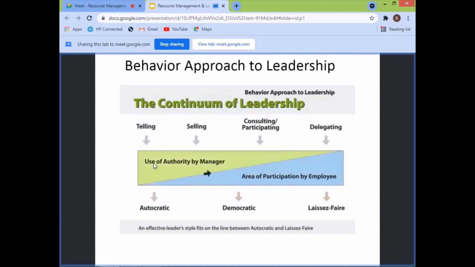So the use of authority becomes a little bit lesser, and the area of participation moves to become bigger, moving to democratic, moving from telling to selling, then becoming participating. Now it becomes really democratic. The employee will participate. The employee will say, okay, sir, I'll do that, I'll do this, I'd like to make a suggestion, sir.